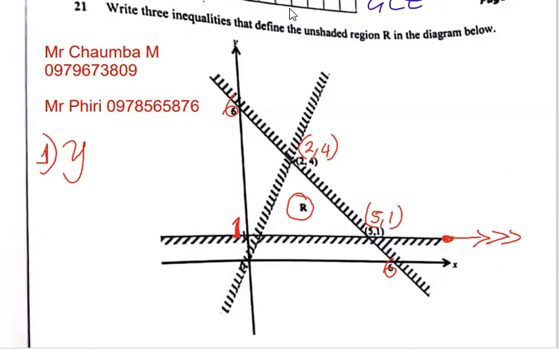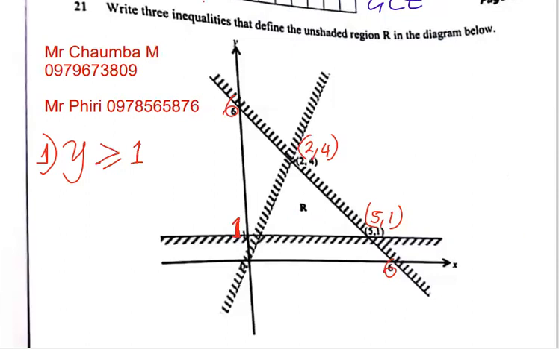So we're going to say y is greater than or equal to 1. We said greater than or equal to because the line is solid. Had the line been dotted, we would just go for the greater than symbol alone. I think that helps you to understand the concept.